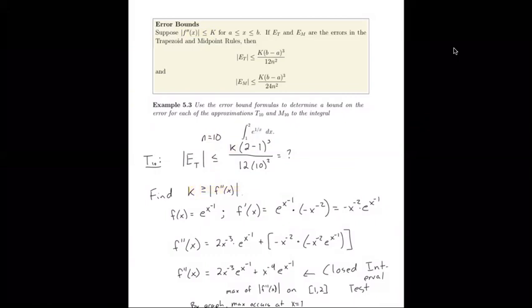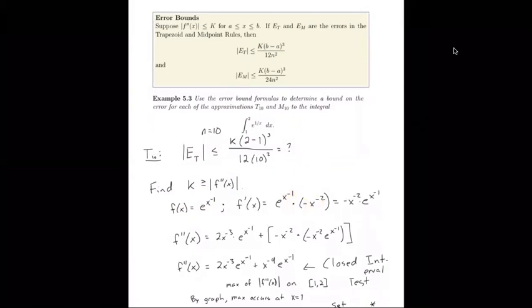So f of x is this function. So first derivative, it's e to the x to the negative 1 times the derivative, remember the chain rule, of x to the negative 1. That term is the derivative of x to the negative 1. So chain rule gives us this, and we have negative x to the negative 2 times e to the x to the negative 1.